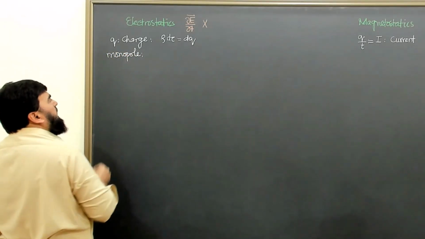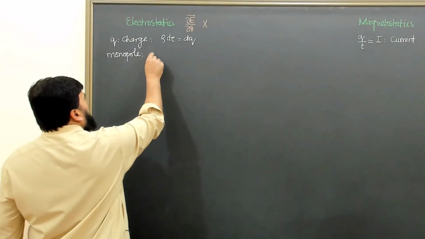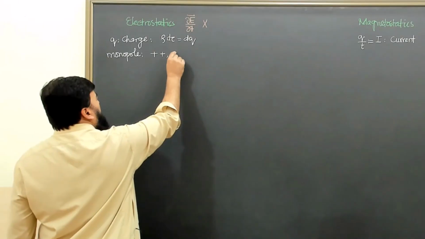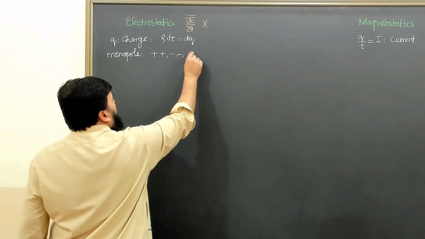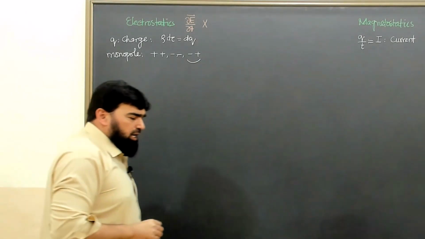And when we have two charges, whether plus plus, or minus minus, or minus plus, usually we call this situation a dipole.